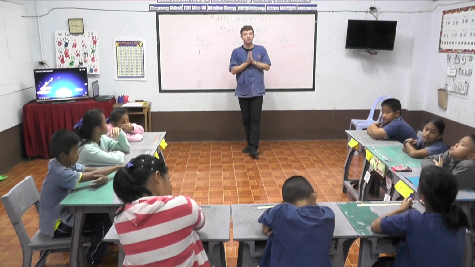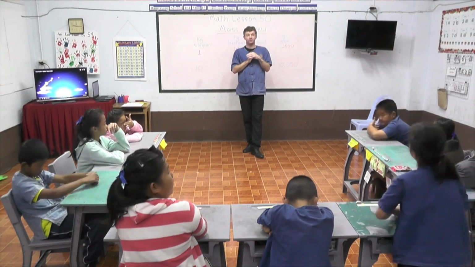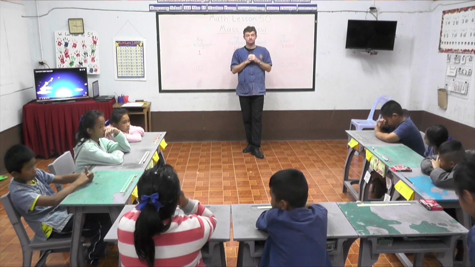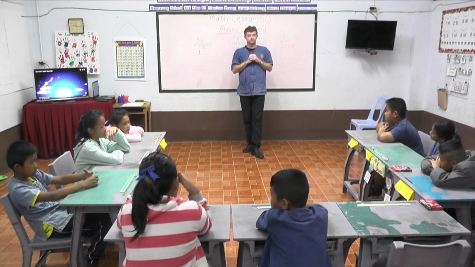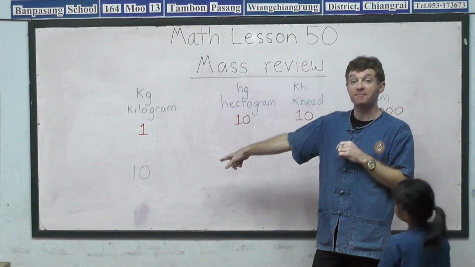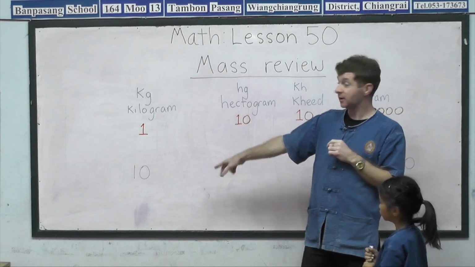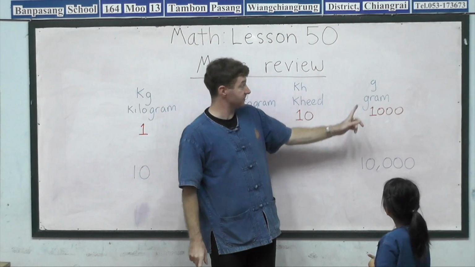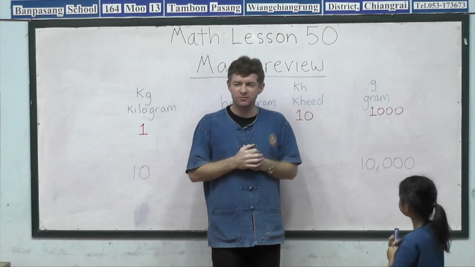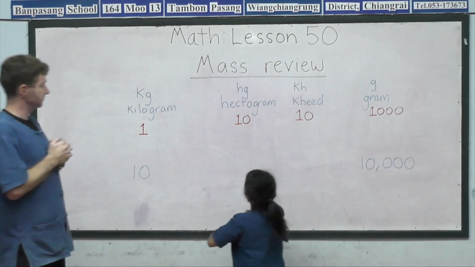Who has the marker? Come and join teacher. So, how many kilograms have I written? 10 kilograms. And 10 kilograms is how many grams? 10,000 grams. But how about hectograms and kid? 100 hectograms.